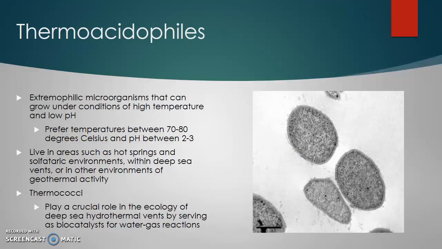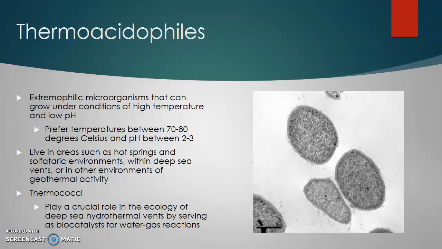Next, we have thermoacidophiles. They are extremophilic microorganisms that grow under conditions of both high temperature and low pH. They prefer temperatures between 70 to 80 degrees and a pH between 2 to 3, which is really hot and really acidic.